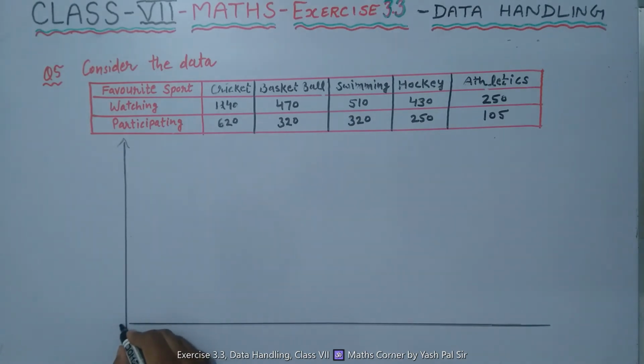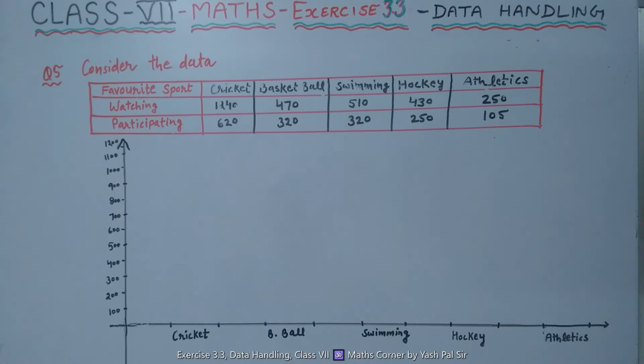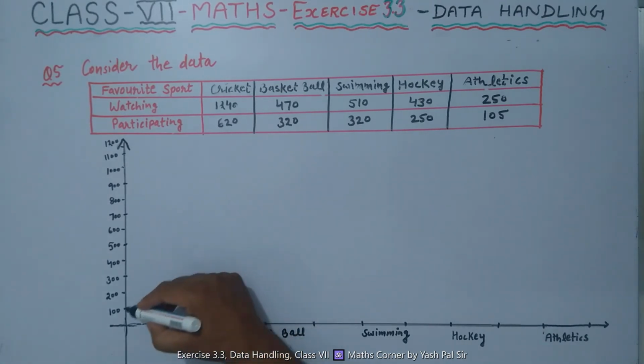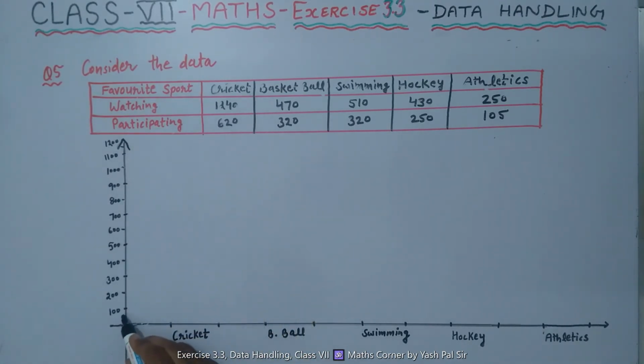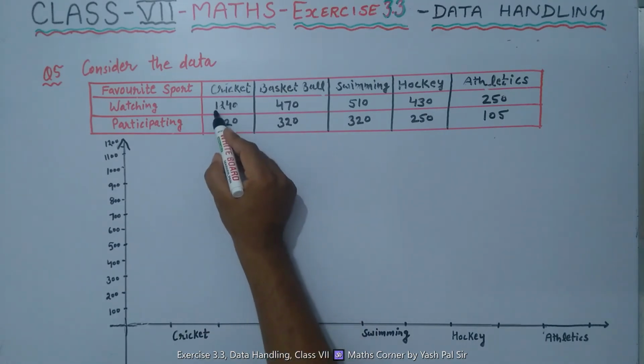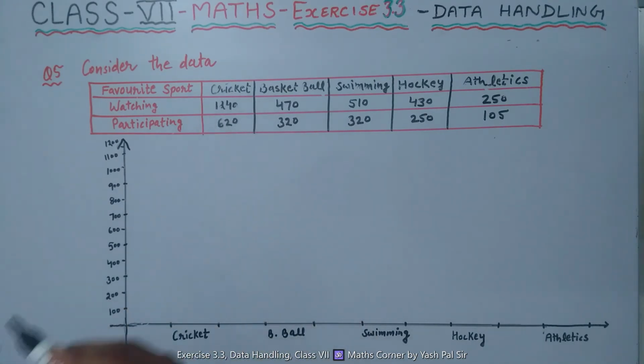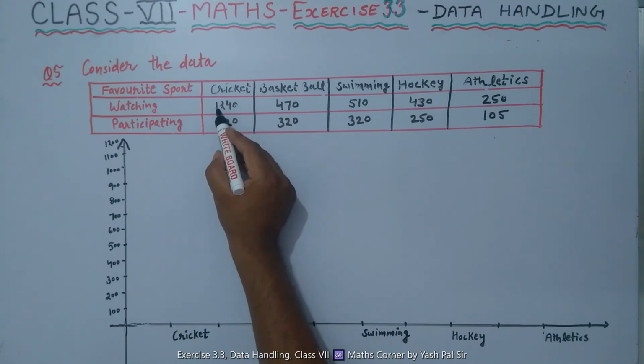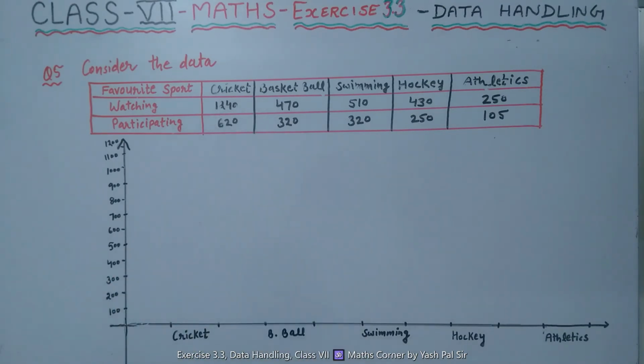Let us see now. First of all, we sketch the horizontal line and vertical line like this. Now first of all, we write on the vertical line, taking the scale 100 per unit: 100, 200, 300, 400, at equal distances up to 1300, because the highest number of people is 1240.